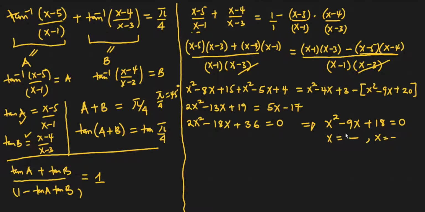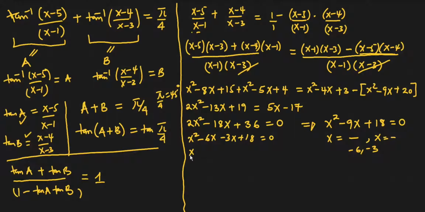You can use the factorization method by looking at factors. For example, negative 3 and negative 6. If you multiply these two, they give you a positive 18, and if you add, they will give you 9. So you can have x squared minus 6x minus 3x plus 18, and this is equal to 0.